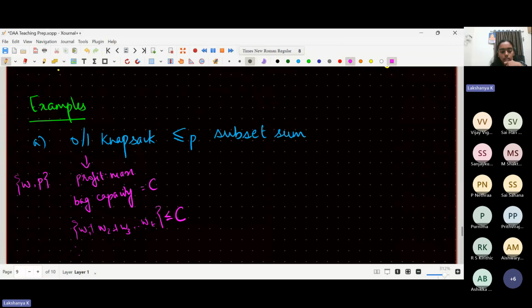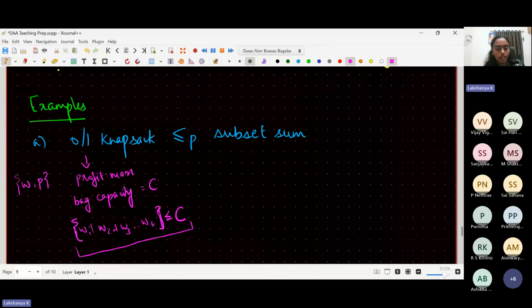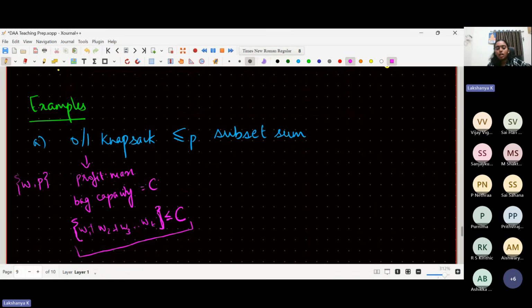Does this make sense? Yes or no? So we're just using the weights for now. Choosing elements such that the weights add up to c or as close to c as possible. There is another constraint, added constraint of profit, of course. But for now, let's assume we just want to fill the bag.